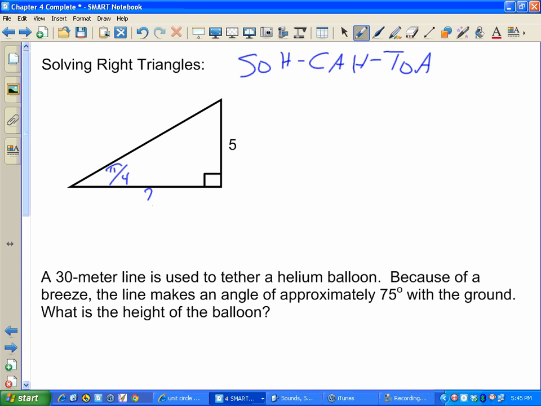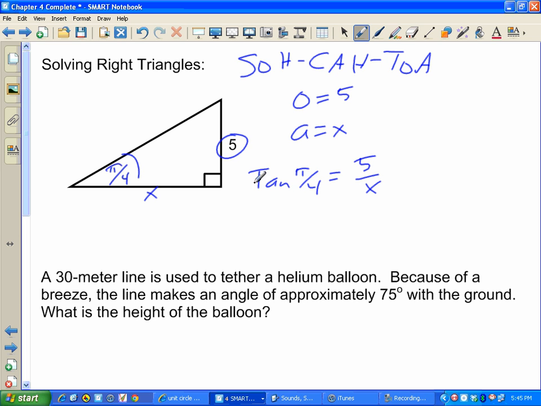And if I want to find out this side, okay, so that's my x, I can set up an equation and say, well, this angle here, I know its opposite side, so I know O is 5. And I'm looking for A, the adjacent side. Well, OA, that's tangent. So I'm going to take the tangent of this angle, the tangent of pi over 4. And I know that that equals the opposite side divided by the adjacent side.